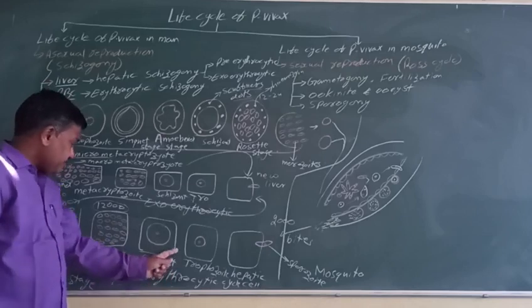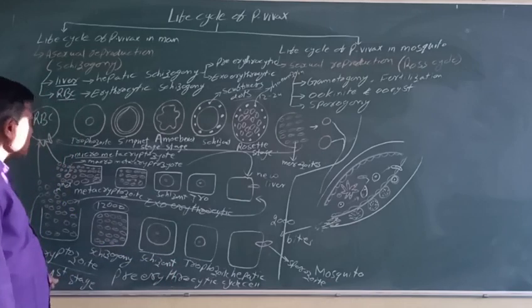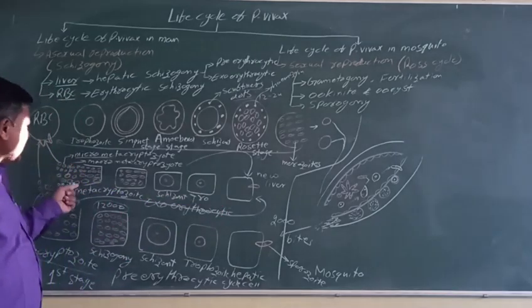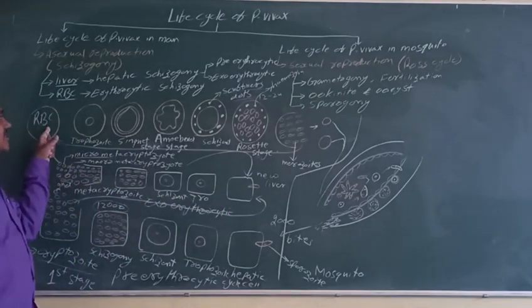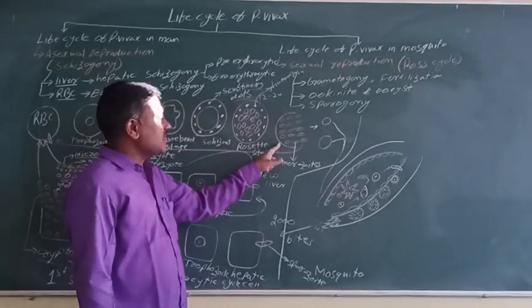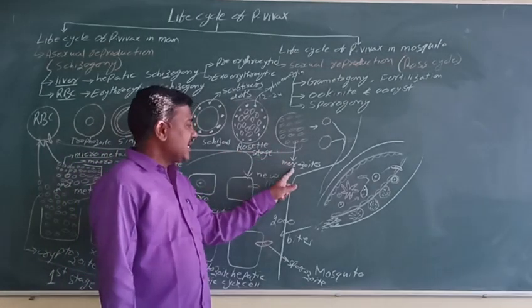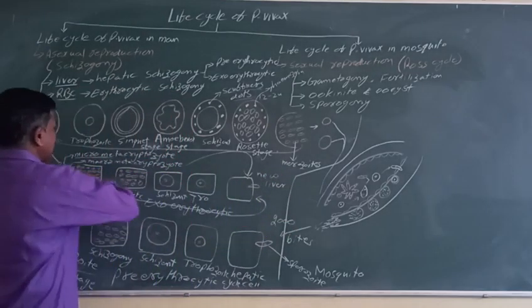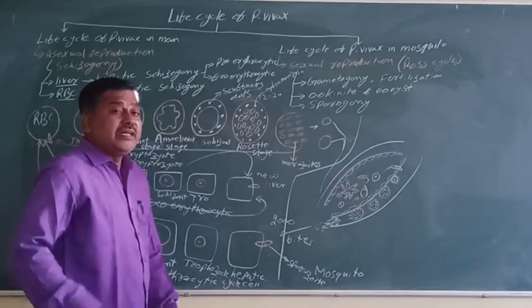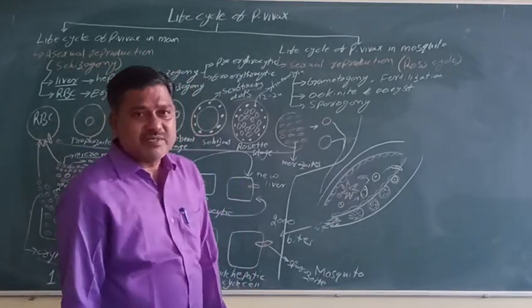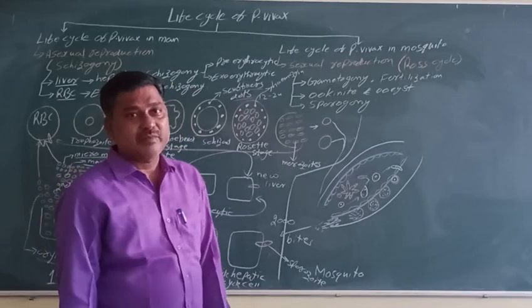Now hepatic schizogony occurs, that is pre-erythrocytic, exoerythrocytic. Later on erythrocytic schizogony occurs, where there is bursting of RBC and release of merozoites. These merozoites continually act on new RBCs as the concentration of RBC decreases.